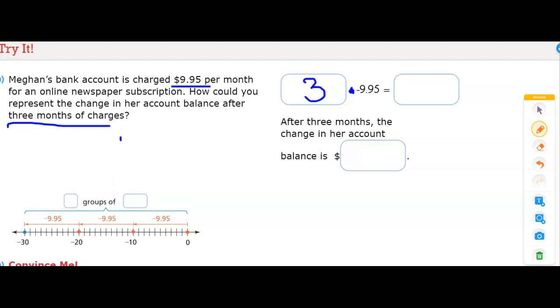We're going to use a calculator and multiply those two numbers, and you should get -29.85, and in money they would charge her account $29.85. So that's how you would do that. And then because they're taking it out of her account, that would still be -$29.85.